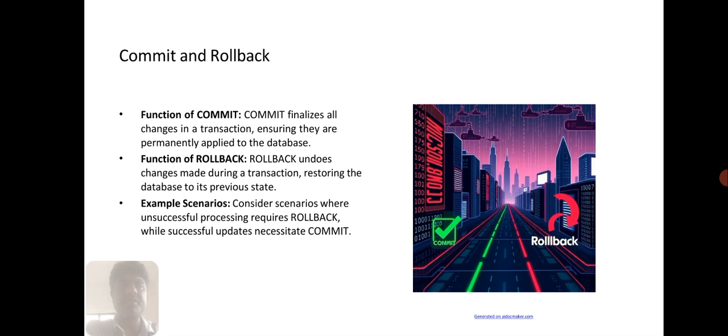Commit finalizes the changes in your transaction, ensuring they are permanently applied to the database. The function of rollback is to undo the changes made during the transaction and restore the database to its previous state. In example scenarios, an unsuccessful process requires rollback, and for a successful update we use commit to save the data.